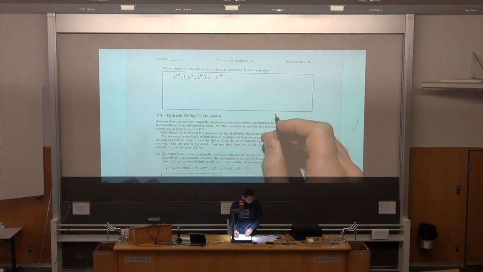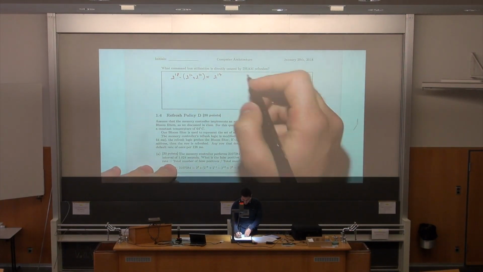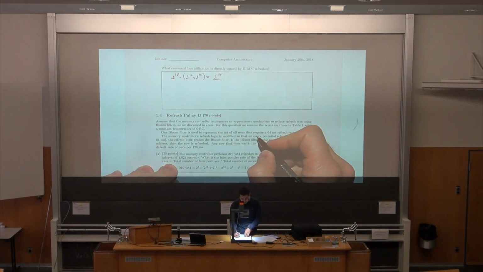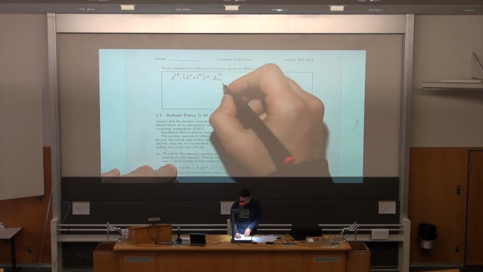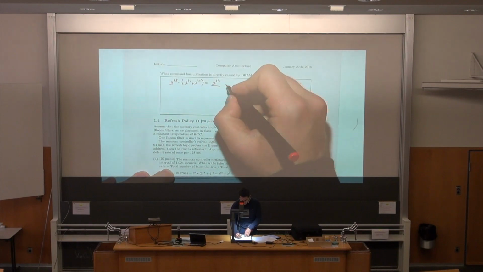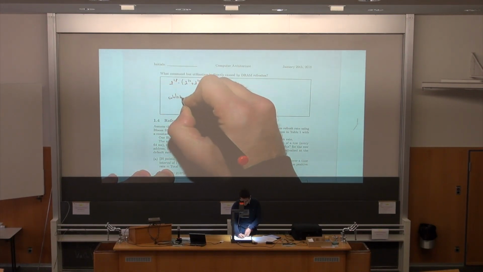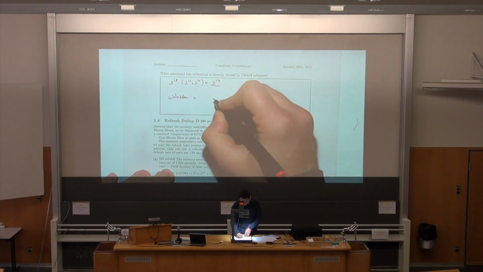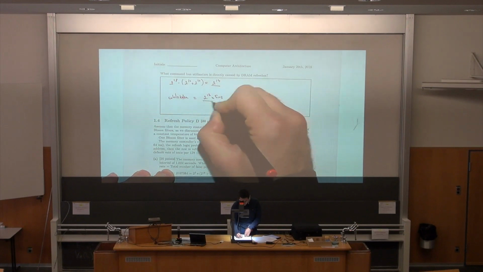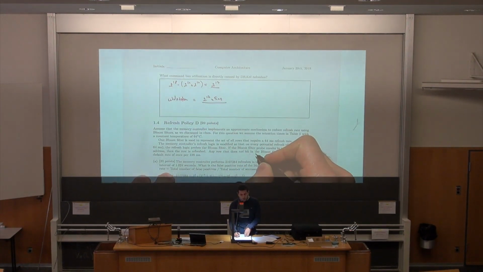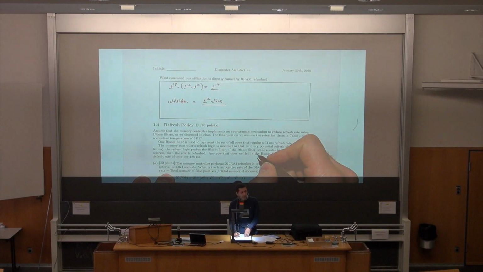So these are the number of rows that will be refreshed. And remember, the bus is kept busy for 5 nanoseconds, so the utilization will be 2 to the 17 multiplied by 5 nanoseconds, divided by the refresh interval.